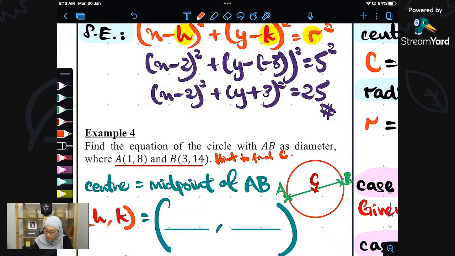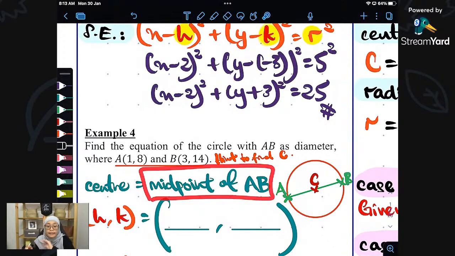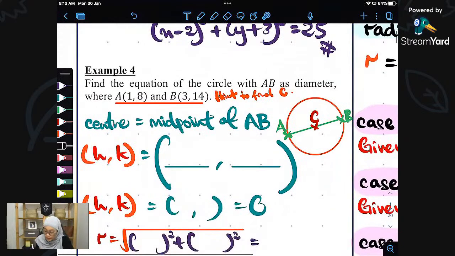So in order to find the center, we can get it by finding the midpoint of point A and point B. I believe you have learned to find the midpoint of A and B. The midpoint means the middle point between point A and point B. And so I put it like this: center is equal to the midpoint of A and B.